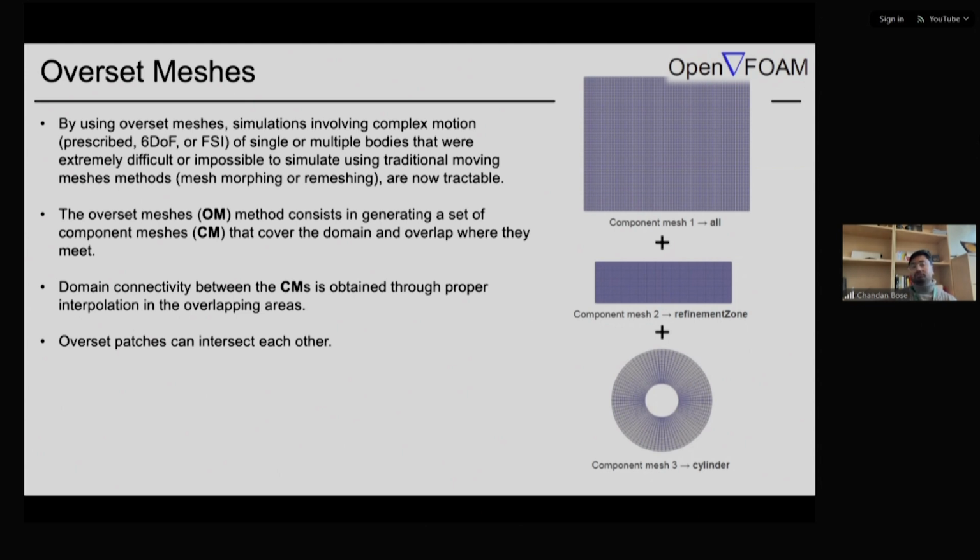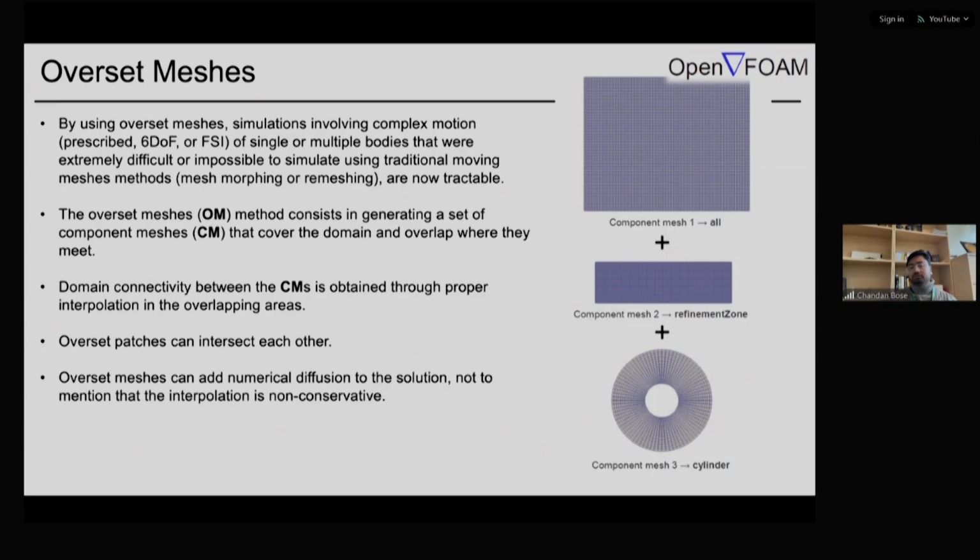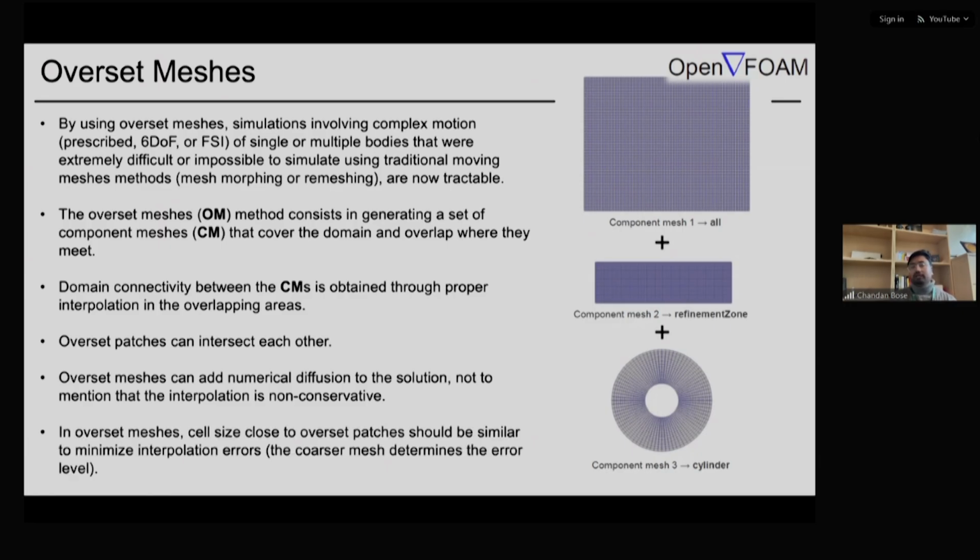That can actually allow us to bring two bodies very close to each other, which is not possible using mesh morphing. However, the con is that overset meshes can add numerical diffusion to the solution. As we all know, the interpolation is non-conservative, so this is comparatively less accurate compared to using a mesh morphing algorithm.